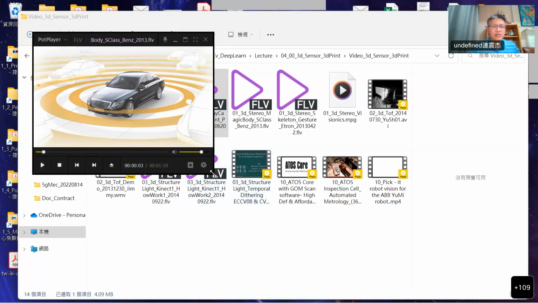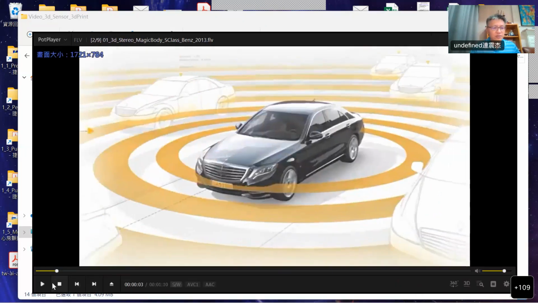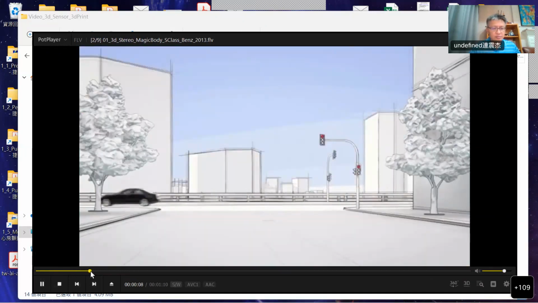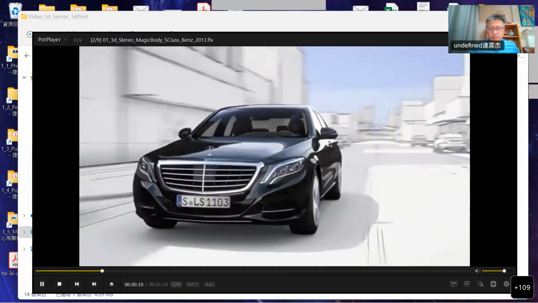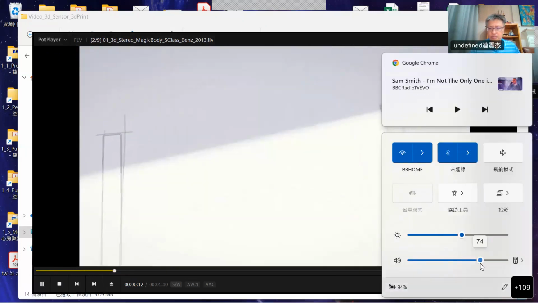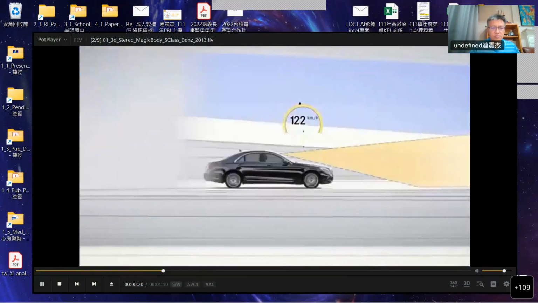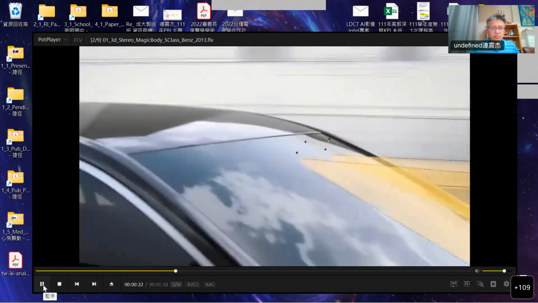Okay, and this is the other example for the Benz. The new S-Class features road surface scan, a world first, which effectively turns ABC suspension into magic body control. At speeds of up to 130 kilometers per hour, road surface scan uses a stereo camera to monitor and analyze.